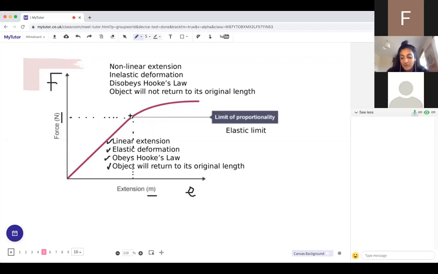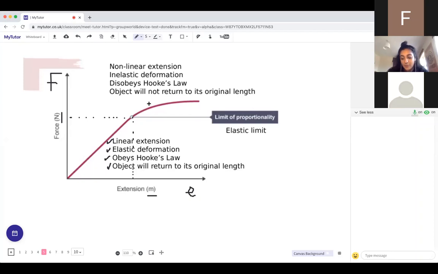This limit really separates the linear extension part from the non-linear extension part. The linear part is a straight line graph and the non-linear part is the curved part, and it's separated by this limit of proportionality. It really is the limit of where it stops being proportional. Up to the limit of proportionality, we have force proportional to extension.